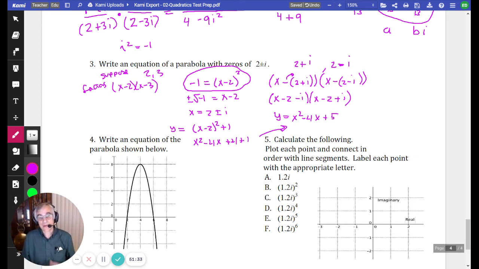So two different ways of looking at that: working backwards to the original vertex form quadratic, or writing out the factors of the quadratic based on the zeros, and then multiplying the factors together to get the standard form equation.